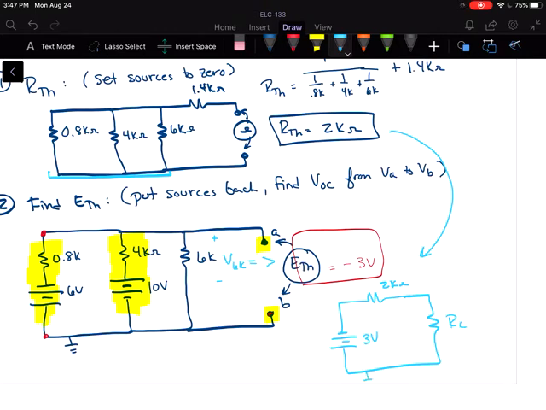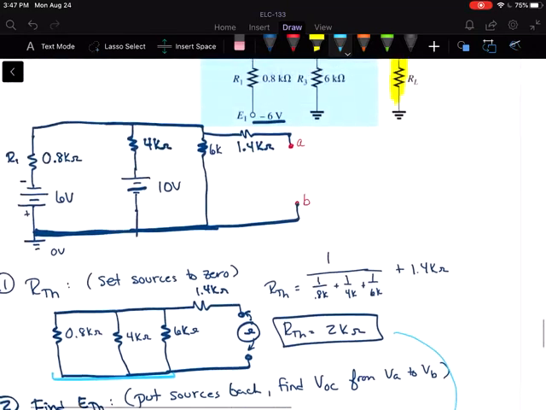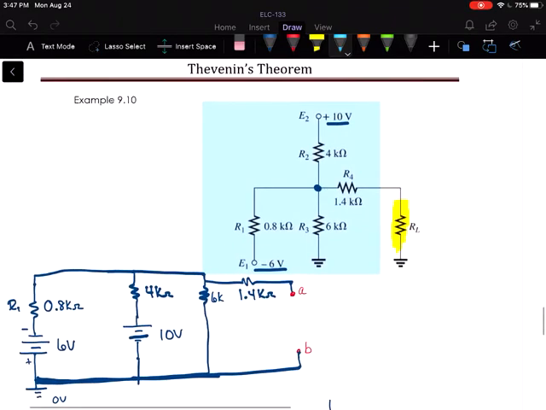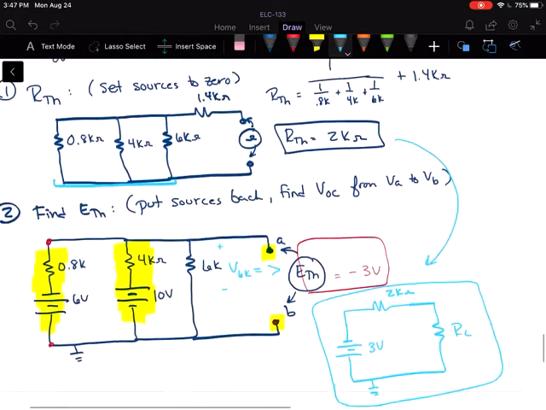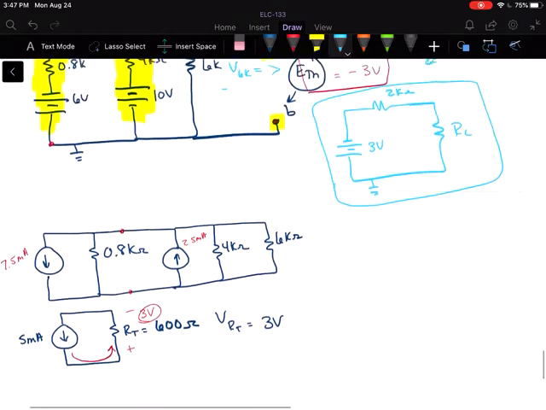So this would then be the Thevenin equivalent circuit. And as you can see, this is a much easier circuit to work with if we want to change RL a few times and analyze what happens at RL. That's a little easier to deal with than this original circuit was. And that's the whole value in finding the Thevenin equivalent circuit there.